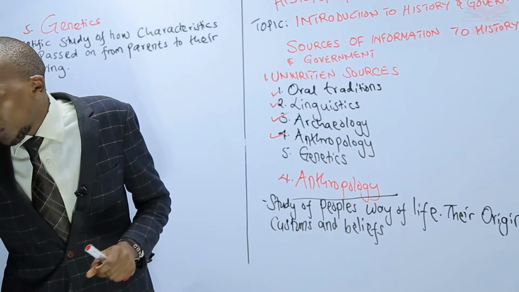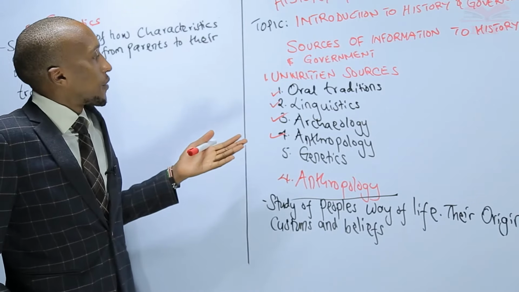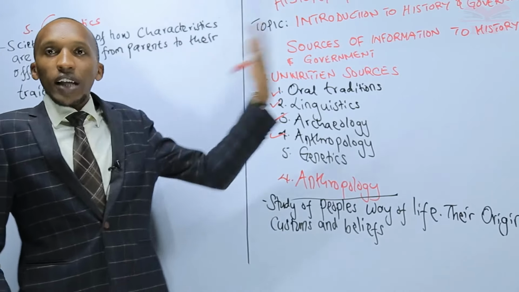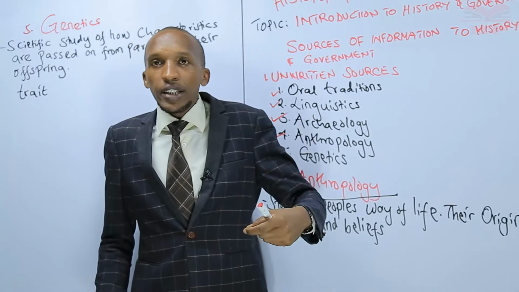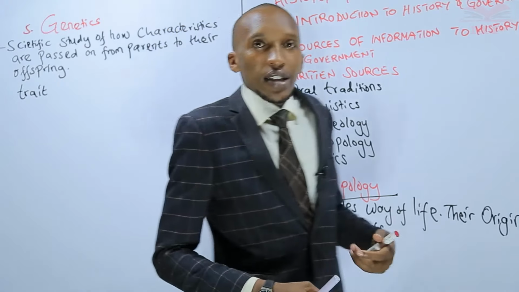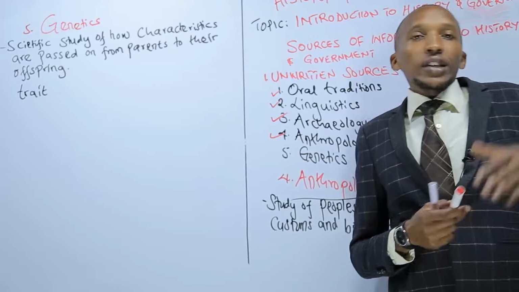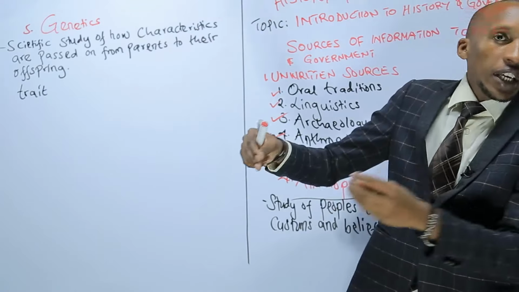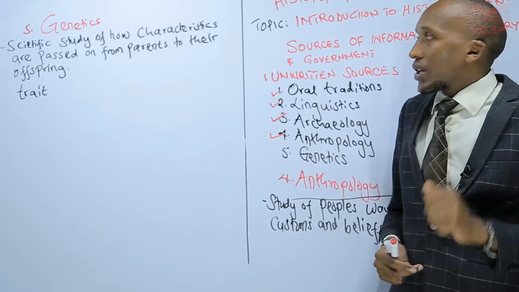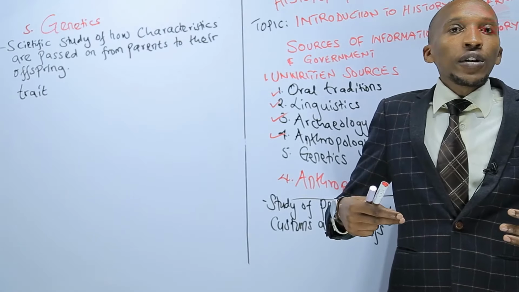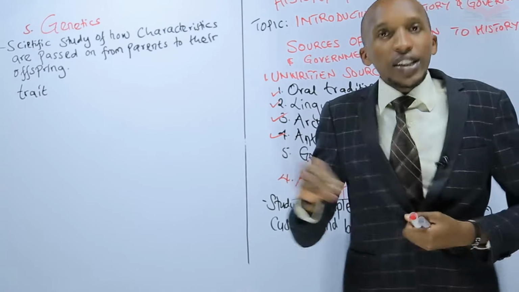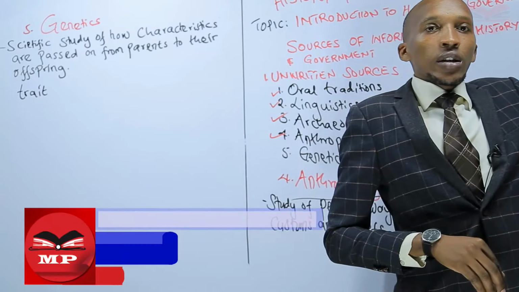So you are able to know if, for example, somebody has moved from North Africa and settled in the East African area, you'll find that there are traits of parents in West Africa being brought into East Africa. A very good example is what we have in the USA. We have Americans of African descent living in America.